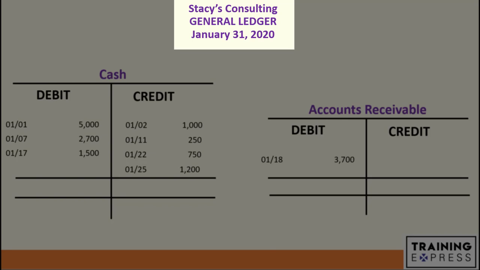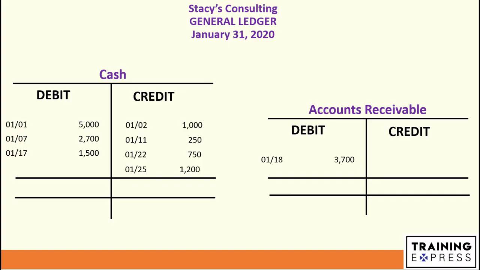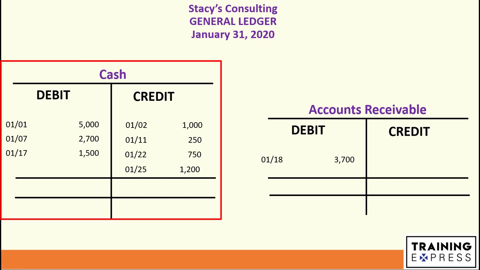As I said, general ledger is simply a collection of different ledger accounts. So let's first of all look at the cash ledger. You can see there are different transactions appearing on the debit side and credit side. So how can we balance this cash ledger?